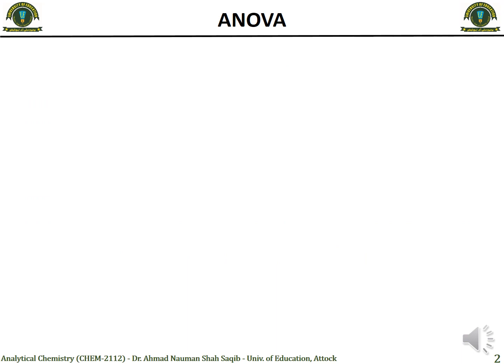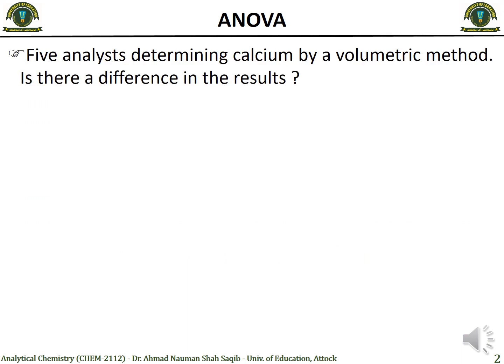Before we study what ANOVA is, let's discuss why ANOVA is used. For example, we have 5 analysts who are determining calcium in a sample using a volumetric method. Because there are 5 different analysts, will there be a difference in the results?